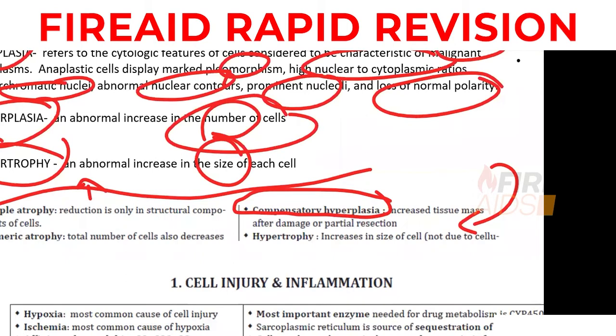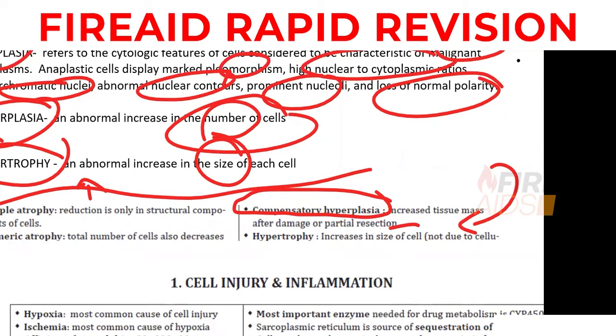The reason is fat is essential for getting back to normal from an injury or an insult. So you could say a surgical insult or damage. Fat is needed for recovery, so there's going to be a compensatory hyperplasia in that place. Other than that, other terms you should know are simple atrophy and numeric atrophy.